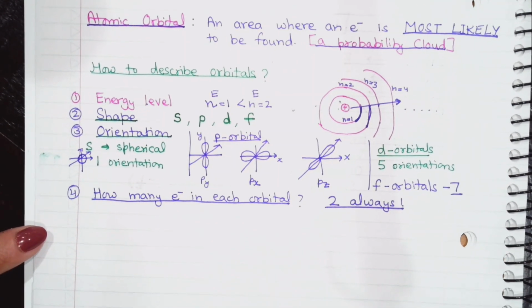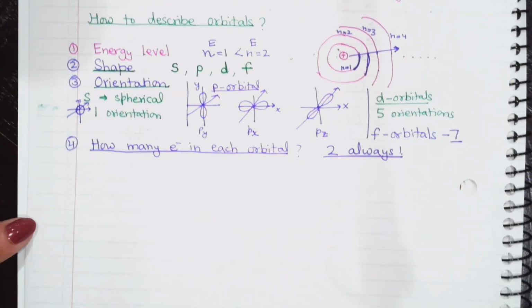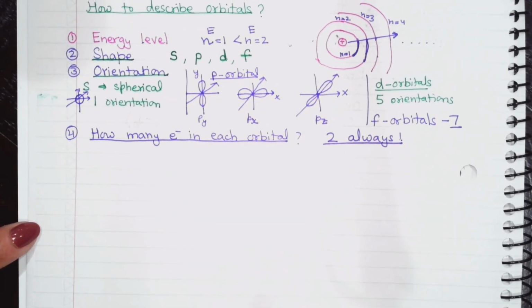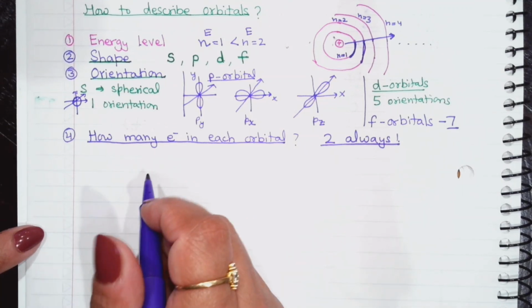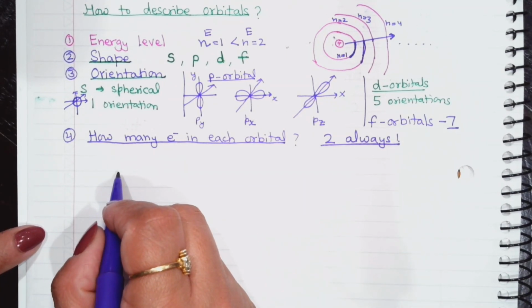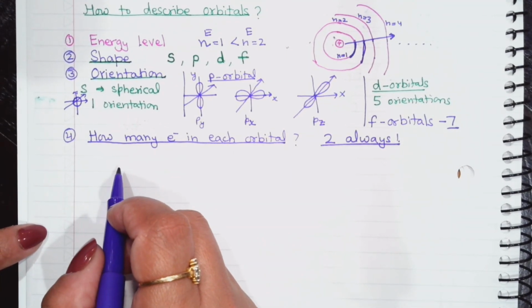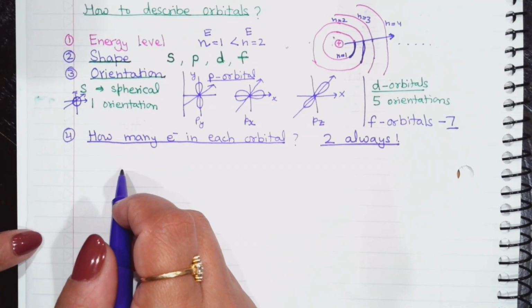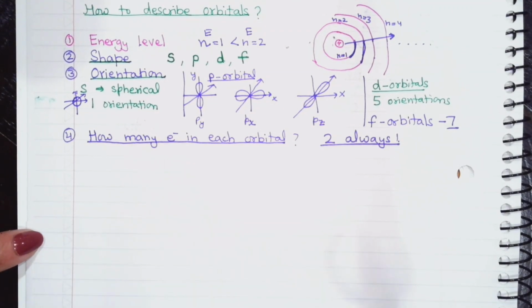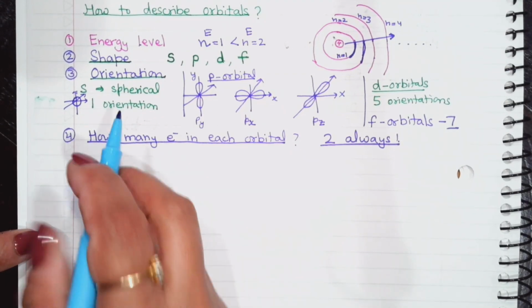So now let's talk about the shells, subshells, and how do we know which electron belongs to which subshell, right? For that we need to make a chart.